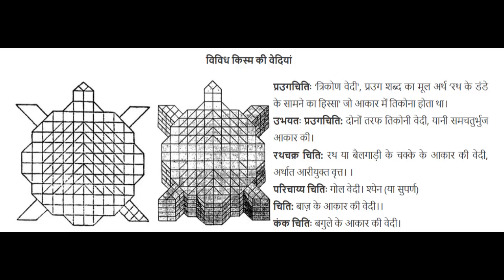In them you will find the different types of Vedis. The shape could be in the form of a bird, called the Shyana Agni Vedi. Then we have the form of a Rath Chakra, and the form of a Kurma, the tortoise. So these were different shapes of the Agni Vedis.